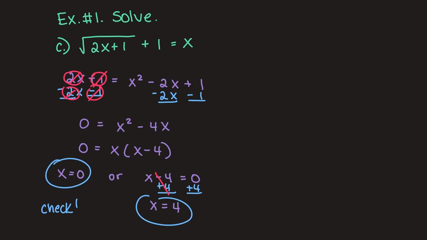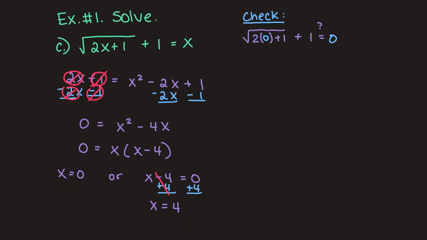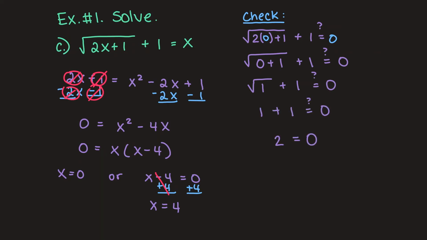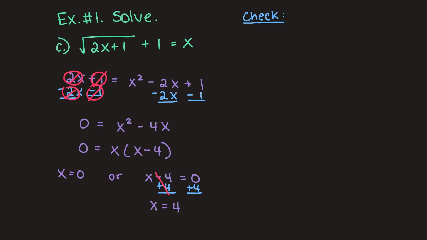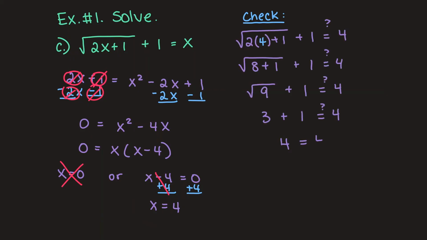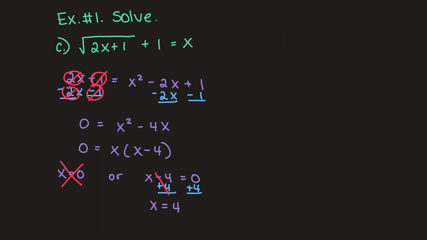Now we have to check these proposed solutions in the original equation. X equals 0 gives us a false statement, therefore this is an extraneous solution. And x equals 4 gives us a true statement. Therefore, this will be the solution to our original equation.